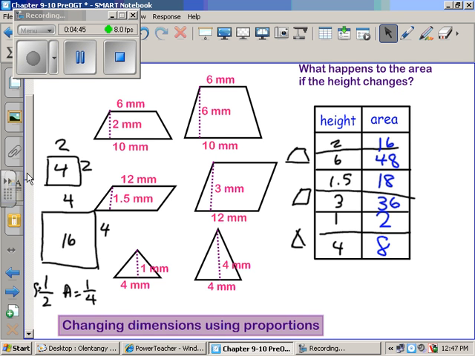All the heights don't, right? And so in this one, we're changing 1 dimension. So whatever change we make to the dimension is reflected in the area. Here, we're making changes to both dimensions. And so to figure out how the area changes, we have to square the change that we made, the ratio.